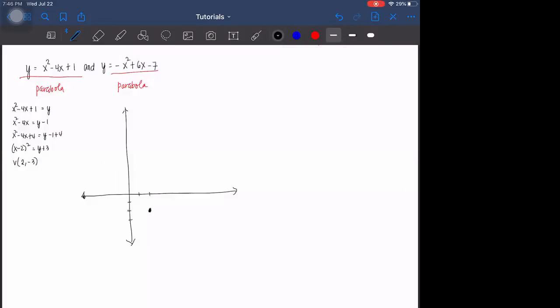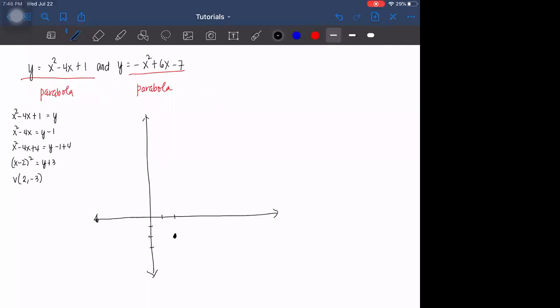Now, how about the other one? x squared minus 6x equals negative y plus 7. I moved x squared and 6x to the left and y to the right. Adding 9: x squared minus 6x plus 9 equals negative y plus 7 plus 9, which is 16.